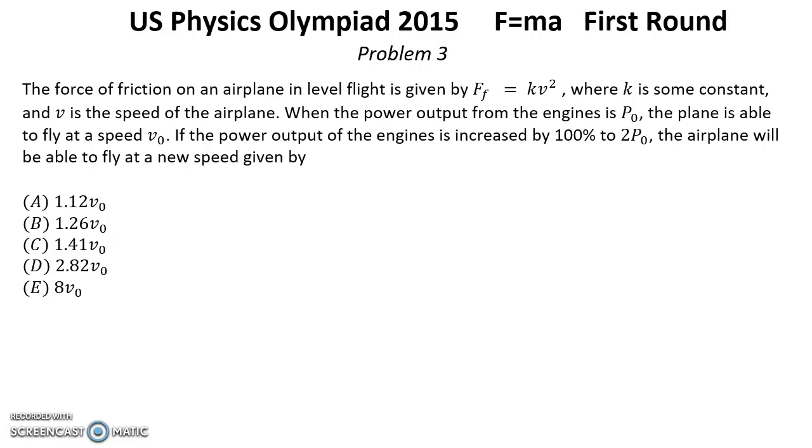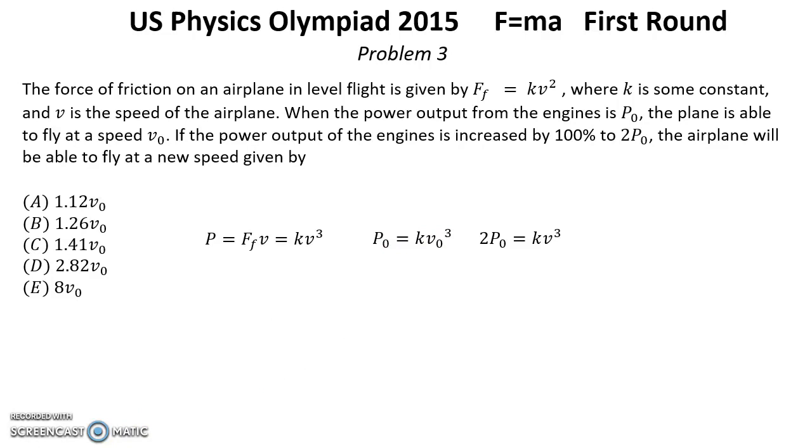Solution. Here we can write the expression for power. For flying with a constant speed, power must be equal to force multiplied by speed, which is kV cubed. It means that P0 equals kV0 cubed.